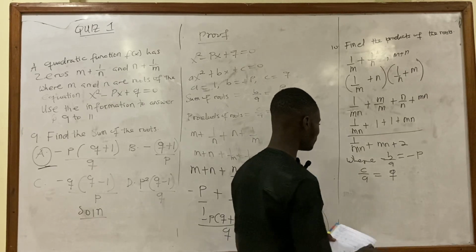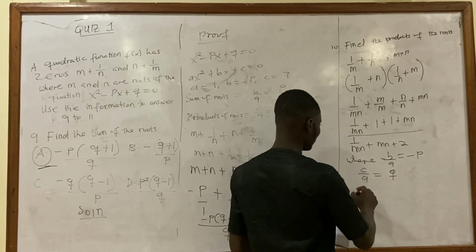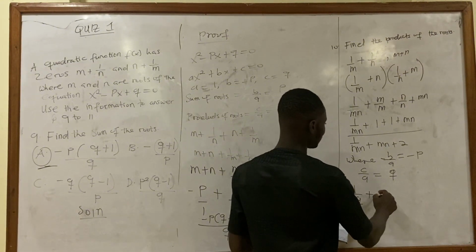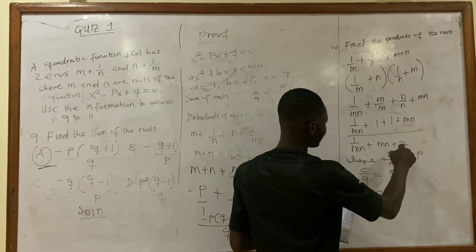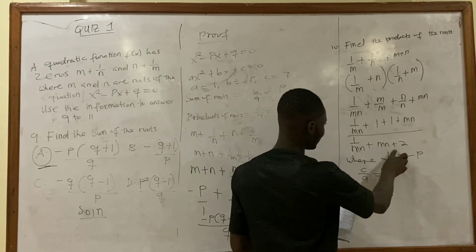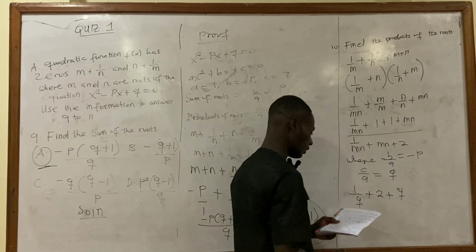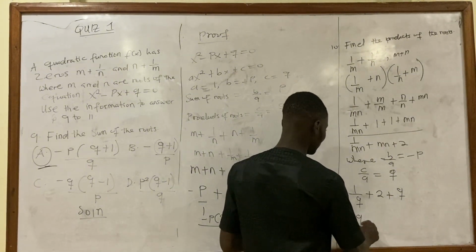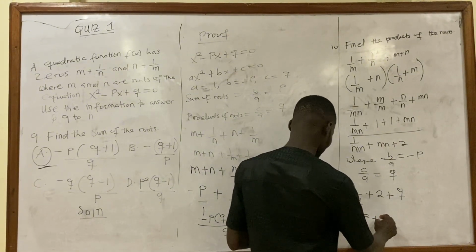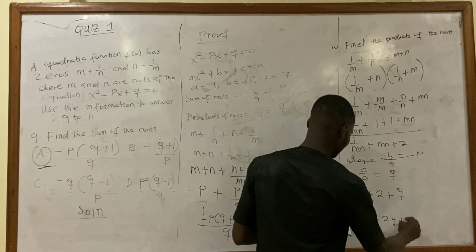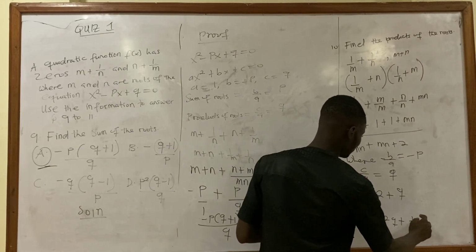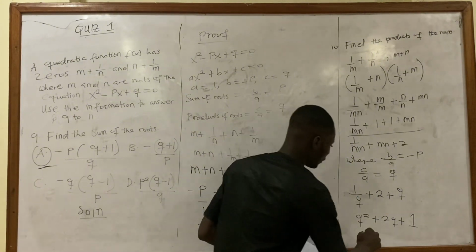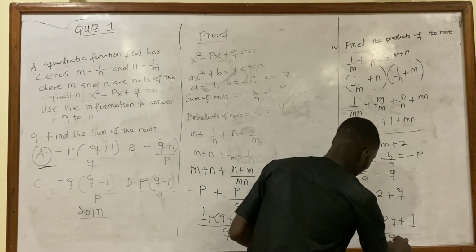So we have 1 over mn, which is q, plus 2 plus mn again, which is q. Simplifying this very well, you have q squared plus 2q plus 1 all over q.